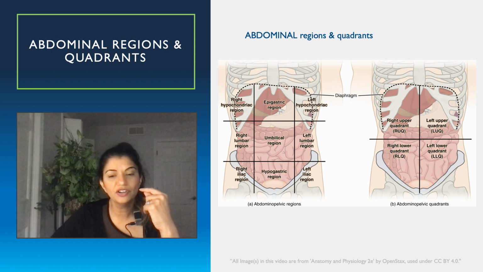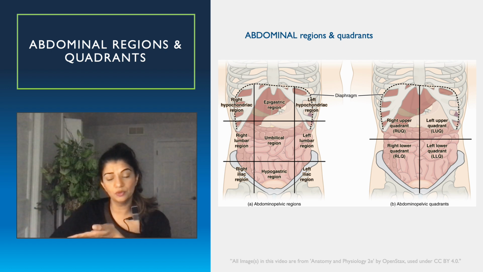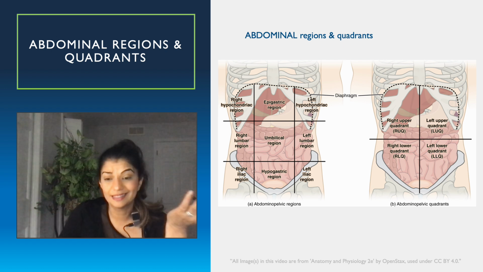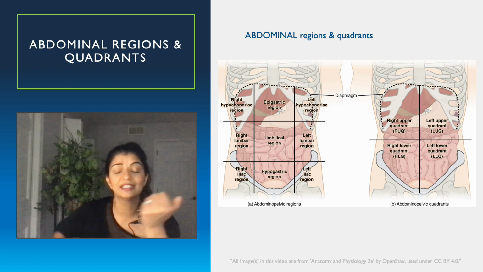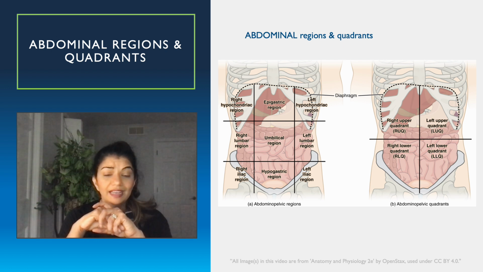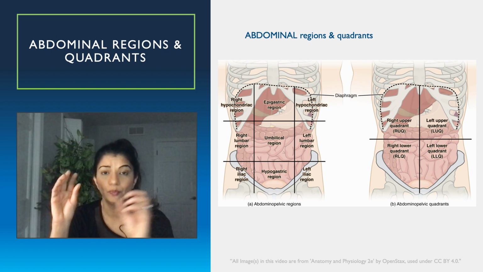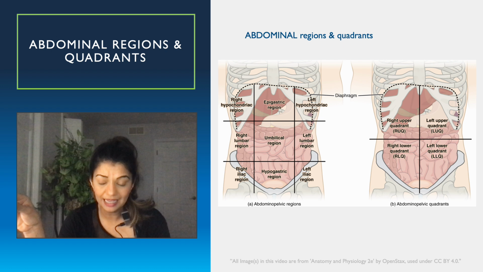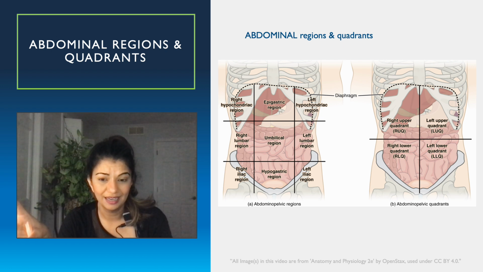And then quadrants are super easy because there's only 4, and it's basically just dividing into quarters, and you label them exactly in their position. So right upper quadrant, right lower quadrant, left upper quadrant, and left lower quadrant. Now, you do need to know these regions, undoubtedly. But what you need to know more precisely is what is contained in these regions, right?